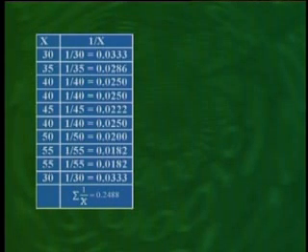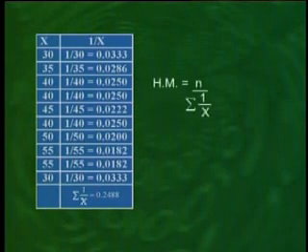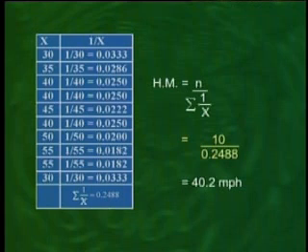Doing that, the first reciprocal comes out to be 0.0333, the second one as 0.0286, and so on. Adding all of them, sigma 1 over x comes out to be 0.2488. Substituting this value in the formula of the harmonic mean, we obtain 10 over 0.2488 equal to 40.2 miles per hour.